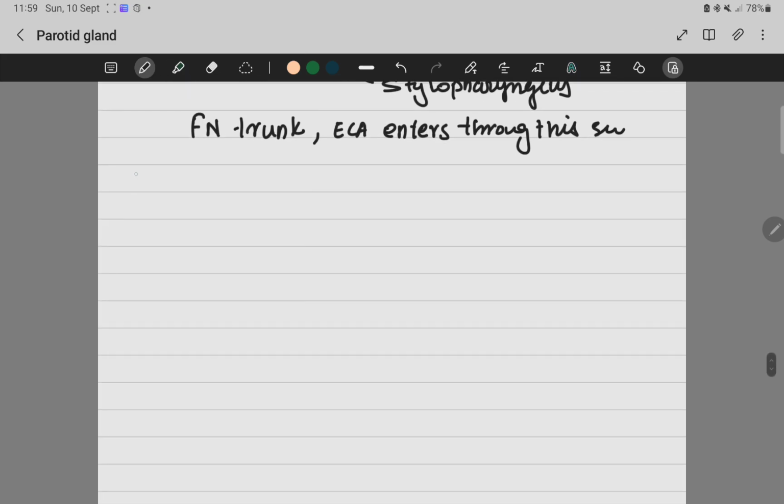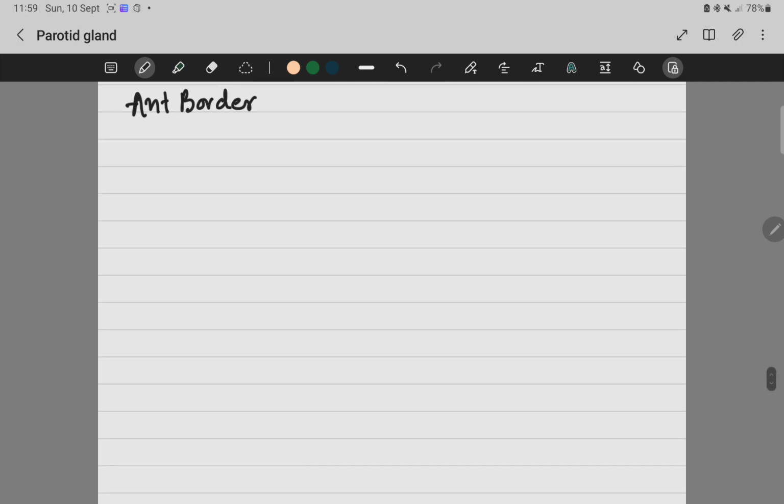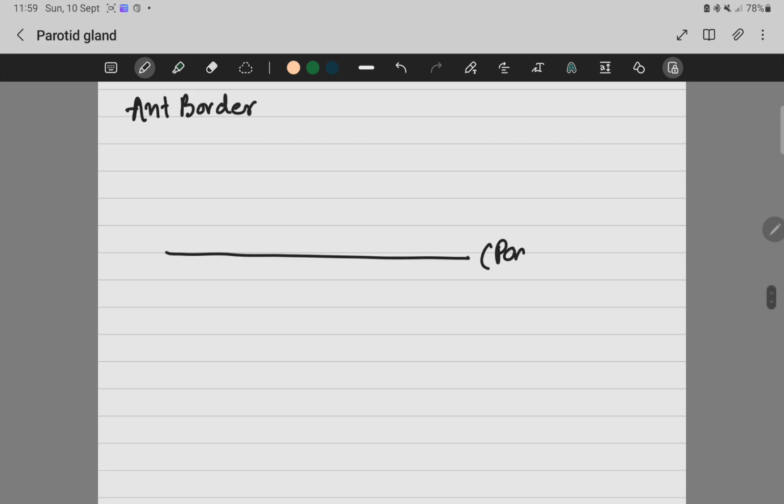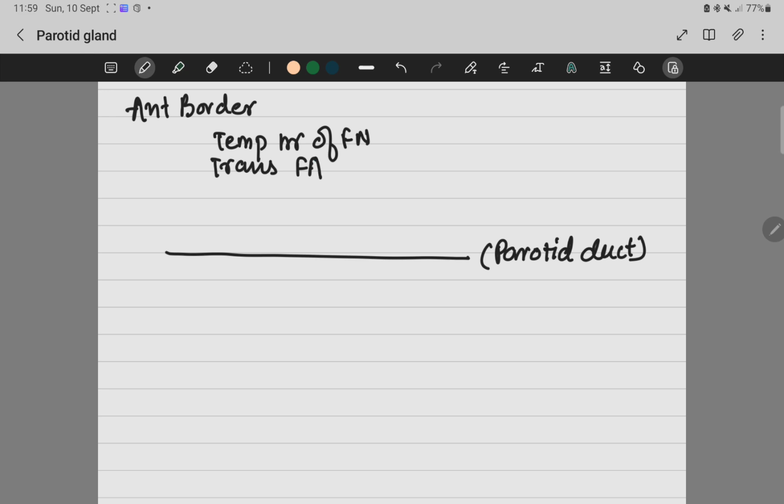And the borders, the anterior border from above downwards. Okay, we'll divide it into two parts. This is the part where there is parotid duct. From above downwards, we'll have the temporal branch of facial nerve. Then we'll have the transverse facial artery. Then we have the zygomatic branch of facial nerve.